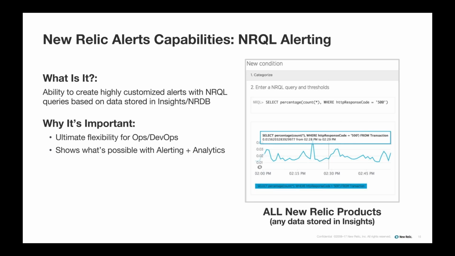For example, you could even capture custom events or custom attributes like user IDs, account IDs, customer tier, like if you have a pro or platinum type tiering and you wanted to make sure that certain tiers are having good performance, you can write those queries and get alerted on them today. I'll go into a little more detail when I do a demo on NRQL alerting, just to give you an example of how to set one of these up and some of the flexibility around it.